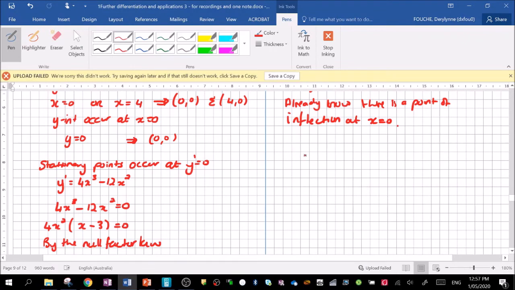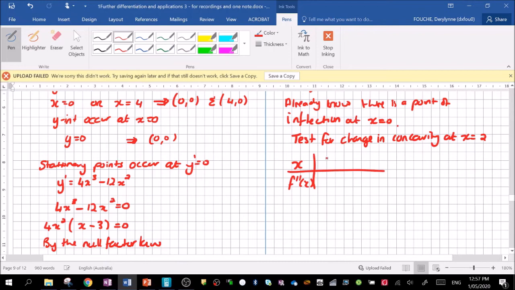And remember, I need to show that there's a change in concavity. And I'm interested in my second derivative, so my values of x and what my second derivative is doing.